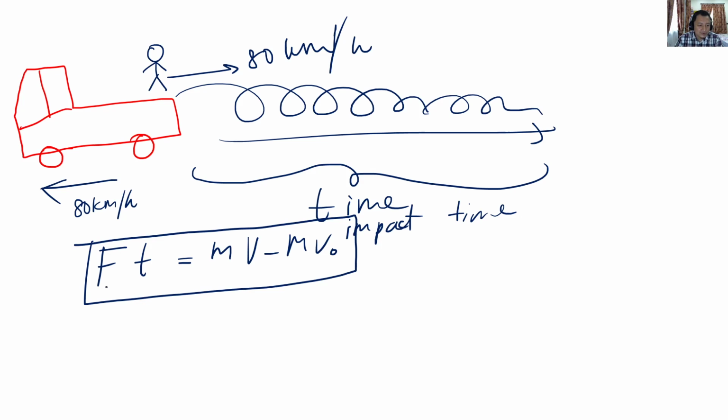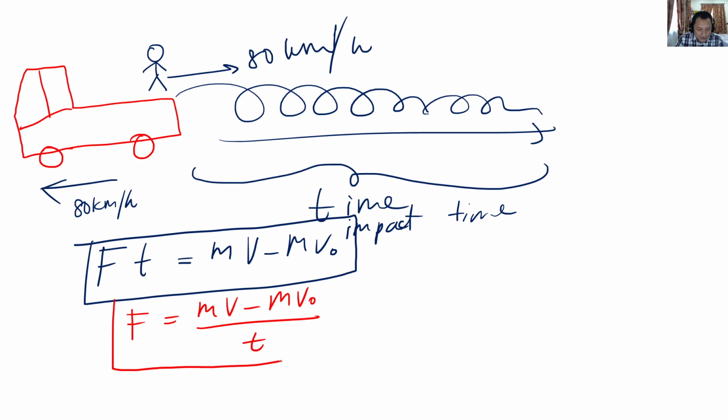To minimize your force, it is mv minus mv naught over time. So this is what you should do to reduce the force on the hero. Make sure his final velocity is not 0, and time has to be longer. If time is bigger, force will become lower, right?